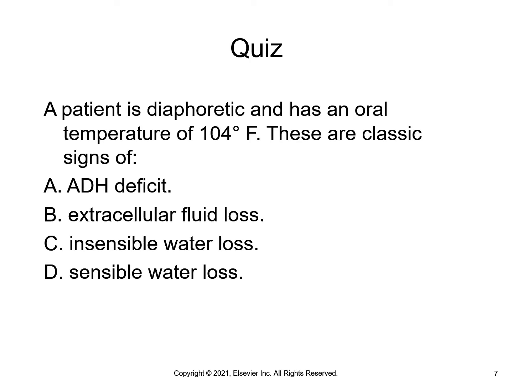A patient is diaphoretic and has an oral temperature of 104 degrees Fahrenheit. These are classic signs of ADH deficit, extracellular fluid loss, insensible water loss, or sensible water loss. The answer is D, sensible water loss.